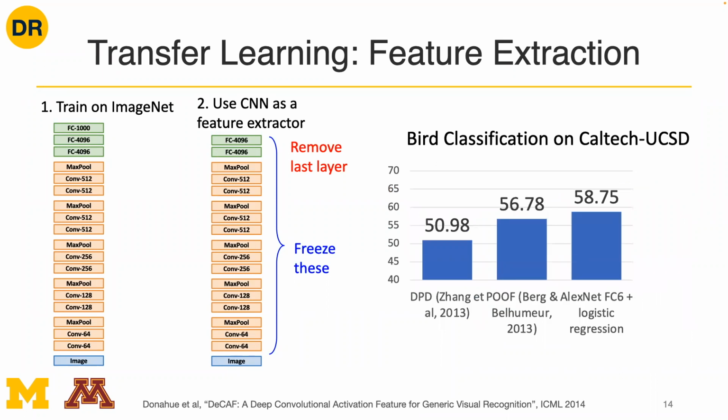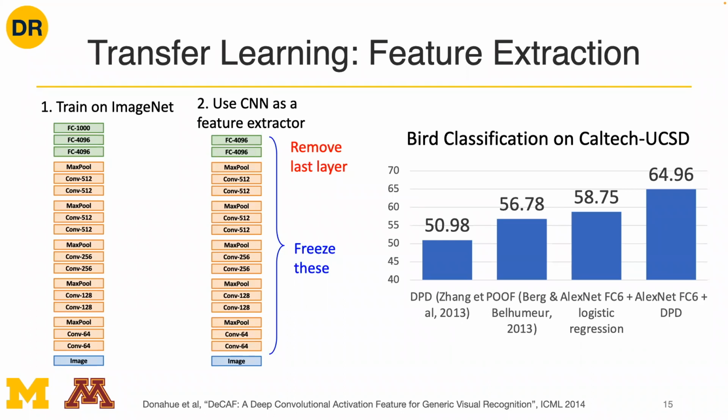For instance, bird classification in a different dataset called Caltech UCSD. Until this point, 56.78 has been the accuracy before we start using AlexNet plus logistic regression. And if you use AlexNet plus their own method, which did not have this backbone, you see a boost in the performance.